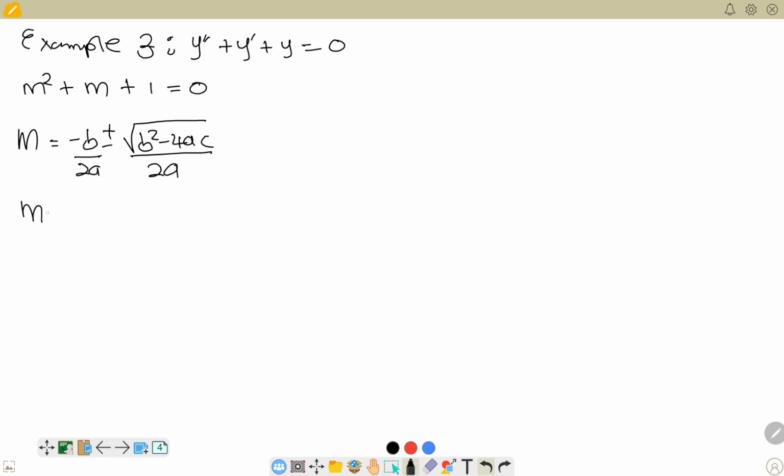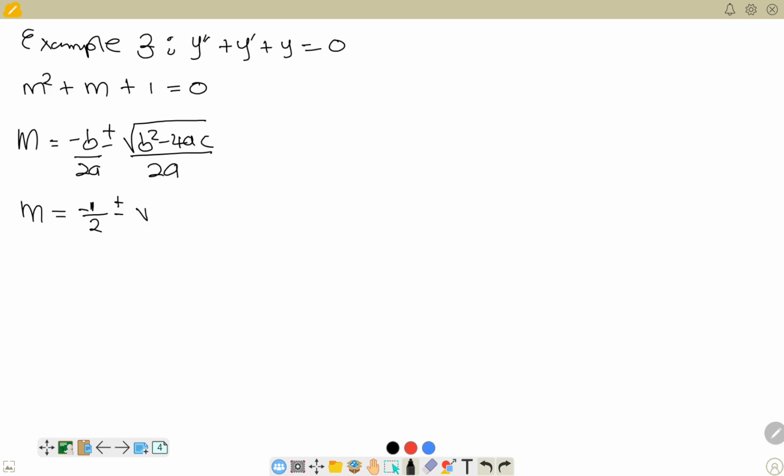Then when I substitute, I can see that here it's a, then b, and then c, and in those coefficients, all of them are 1. So the value of b is 1, so I will have negative 1 over 2. The value of a is 1 also, so I will have negative 1 over 2.